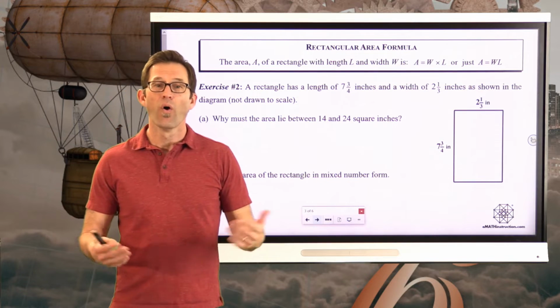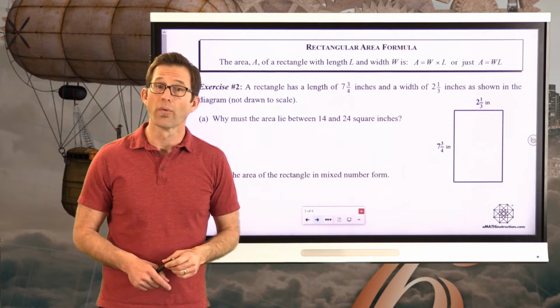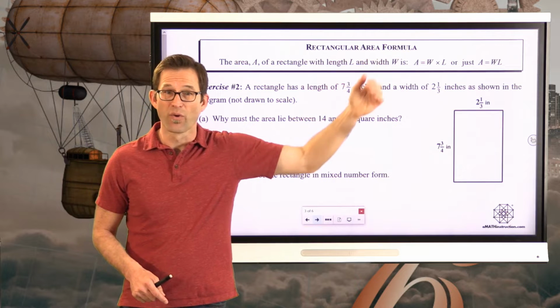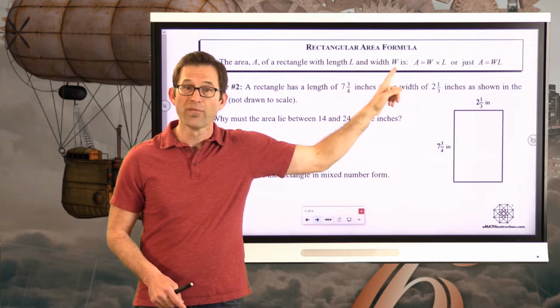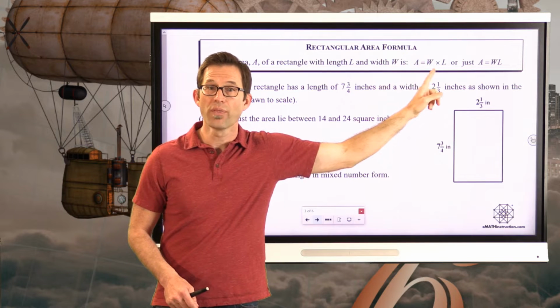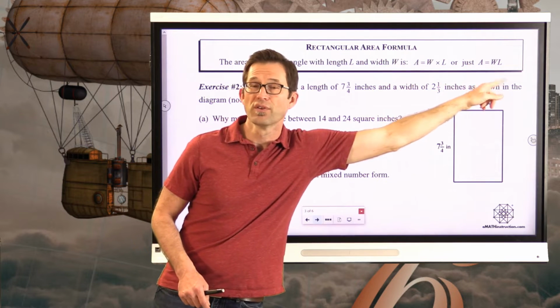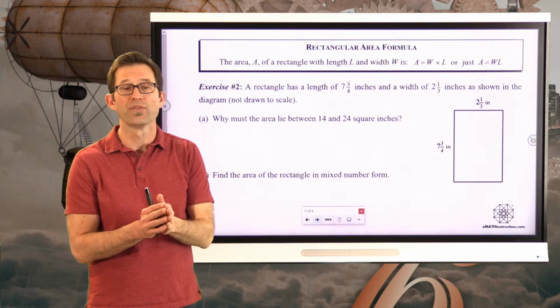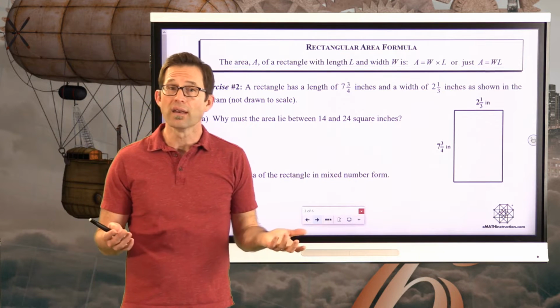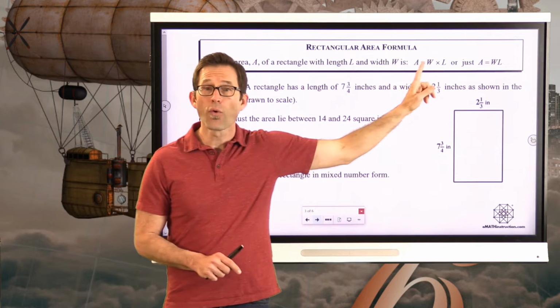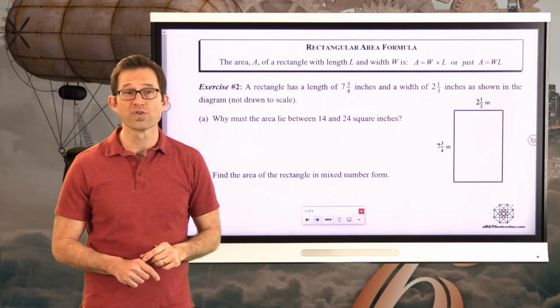Now, over the years, you have certainly memorized the following formula, the rectangle area formula. The area A of a rectangle with a length of L and a width of W is just area equals width times length, or just put the 2 variables beside each other. Remember, when we have 2 variables touching each other, it means to multiply. Again, keep in mind, this formula is a direct consequence of what we just looked at.